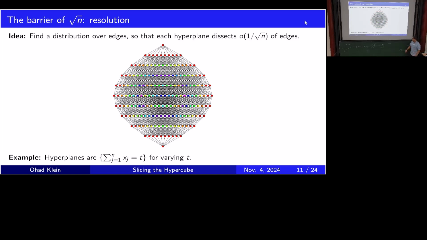Now I want to dive a little bit further in this example, because this idea really gives a lower bound for the general case. I want to demonstrate this.